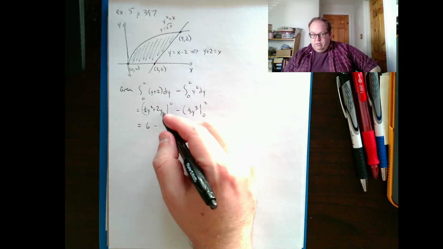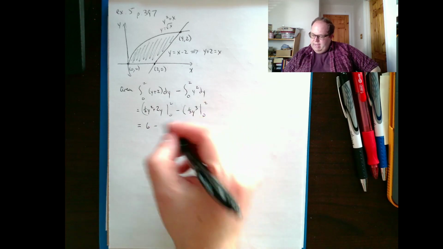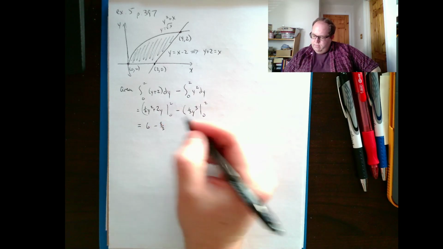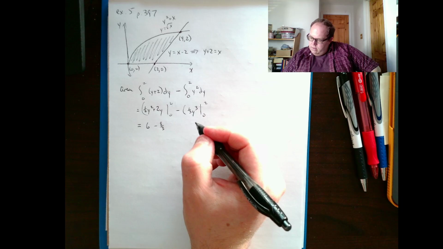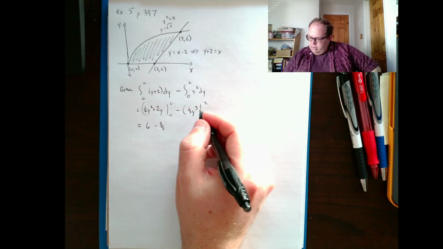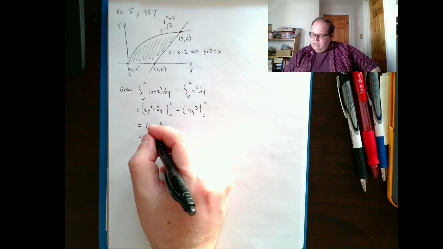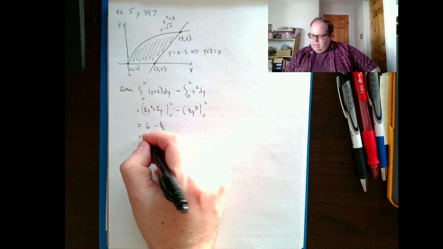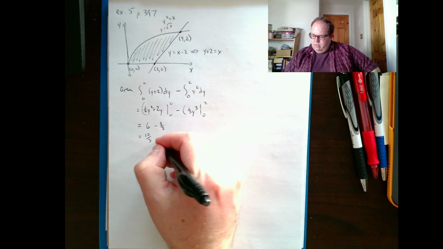The 0 is not going to contribute. I get the 2 and I get 8 thirds. And 6 is 18 thirds. 18 thirds minus 8 thirds is 10 thirds units squared.